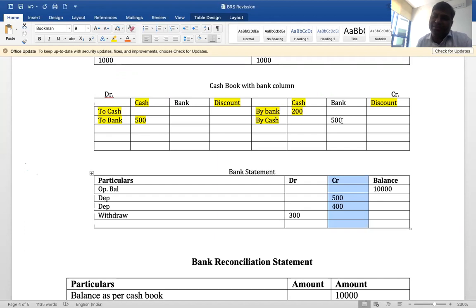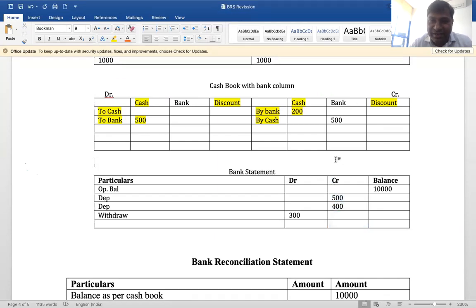Now it's clear. Sir, you told 250. We issued a check of 250, right, sir? So 250 is written for, and it is debiting from our balance, right, sir? In the cash column, 250 is going to be subtracted.